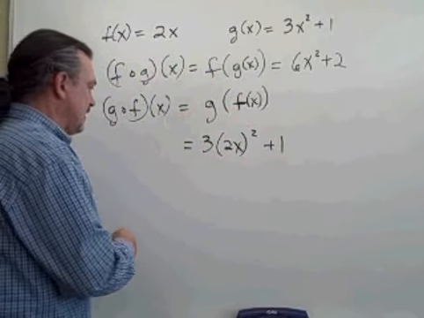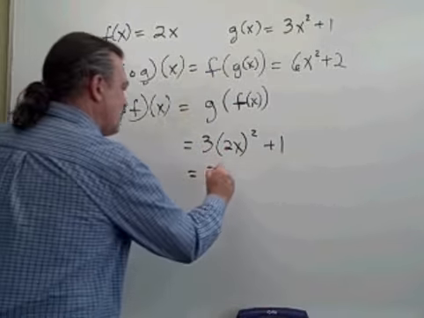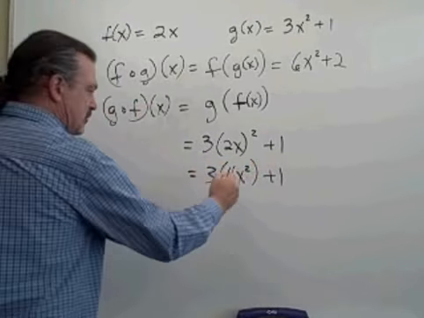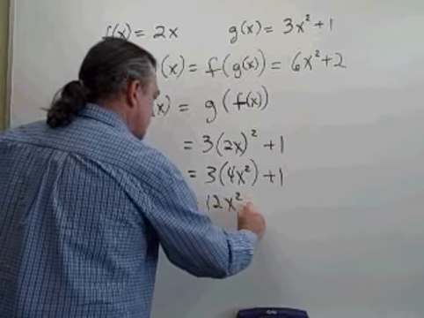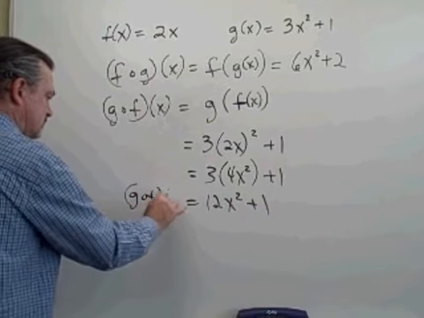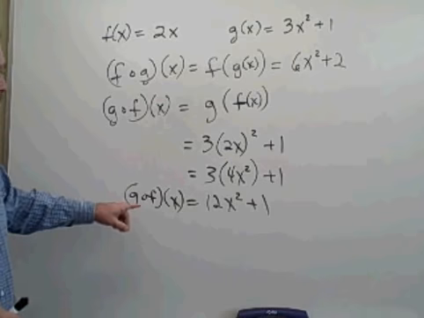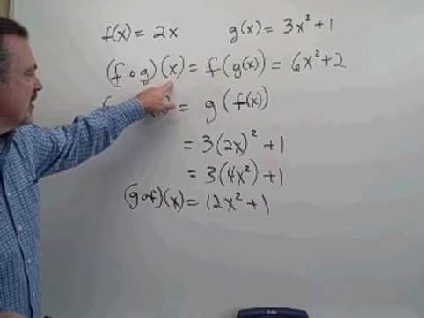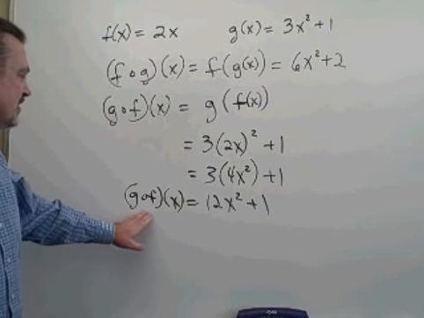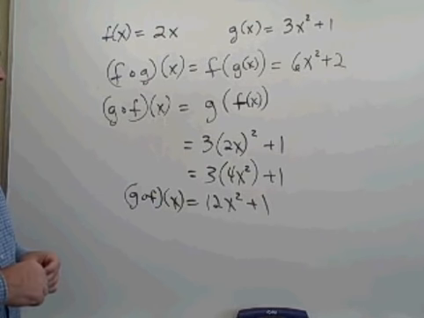And now I'll simplify. Well, the square of 2x is 4x squared. And now I can multiply and have 12x squared plus 1. So f composed with g gave us the function 6x squared plus 2. g composed with f gave us the function 12x squared plus 1.